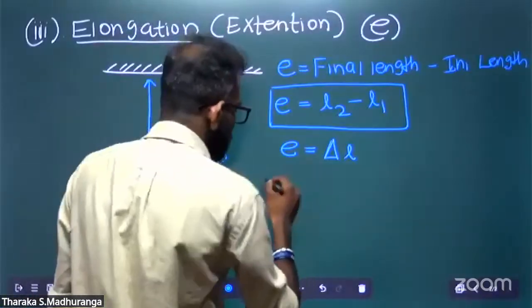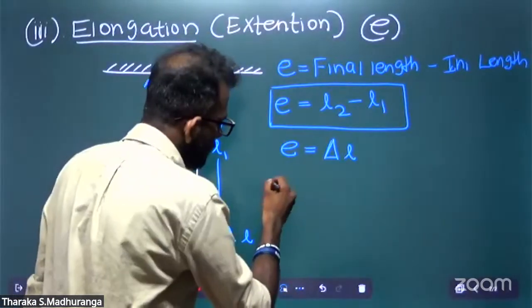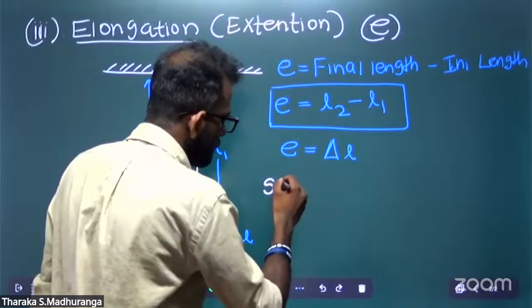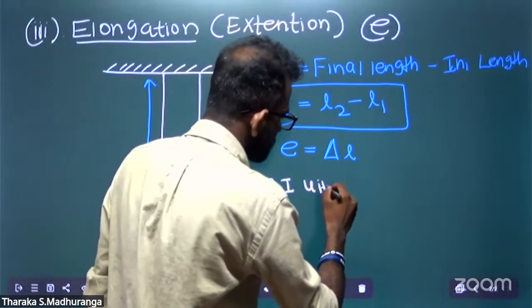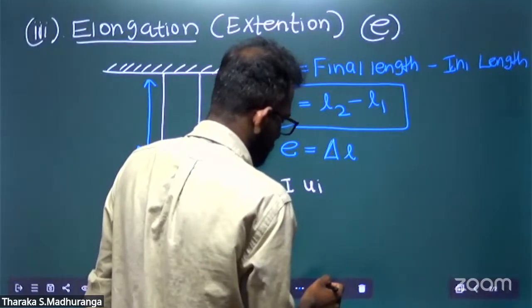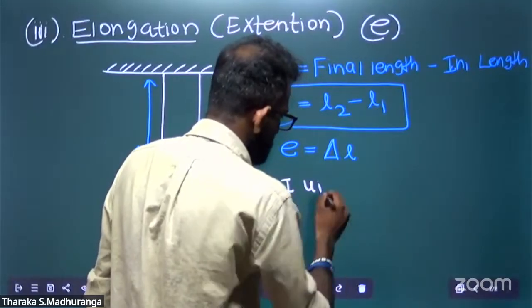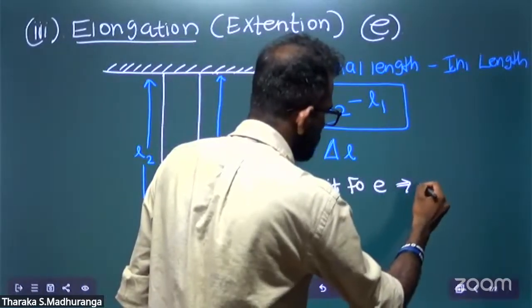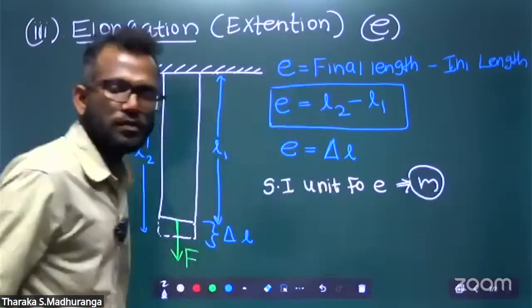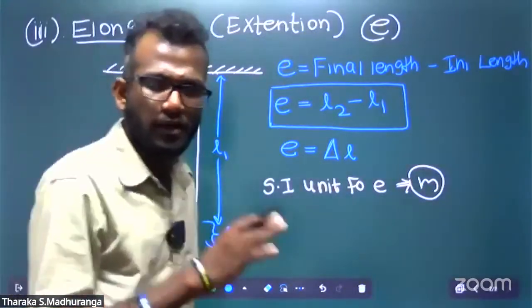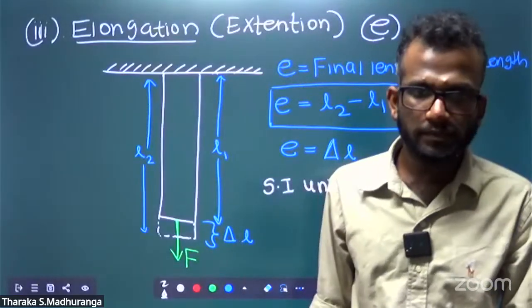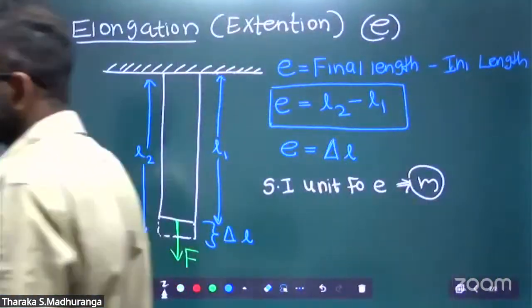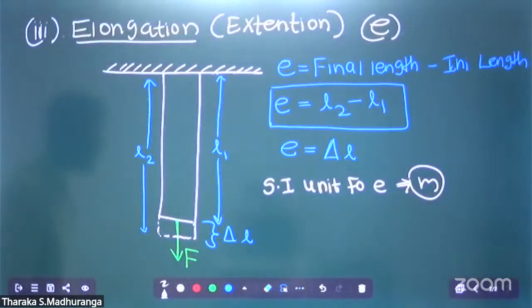The SI unit for elongation is meter, because it's a length. Okay, write down the third topic, elongation.